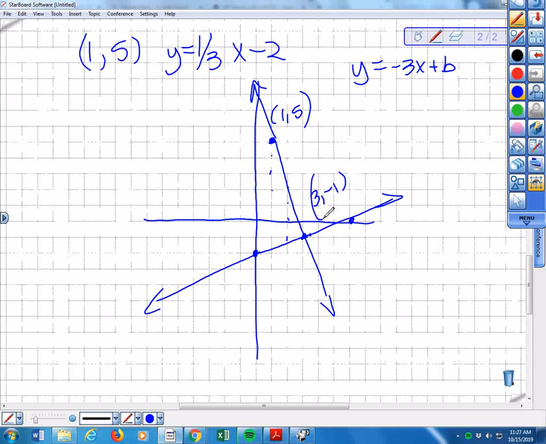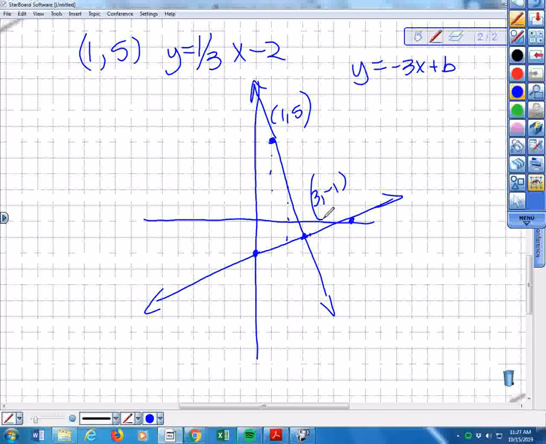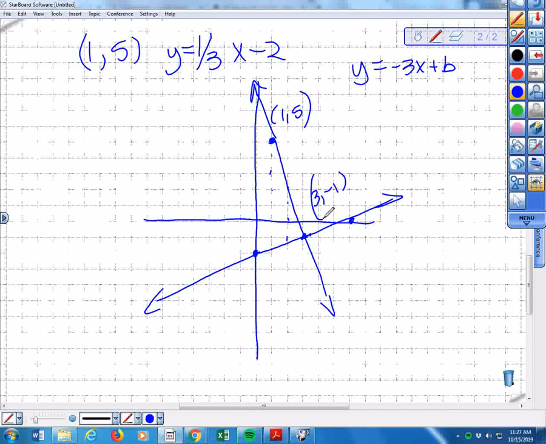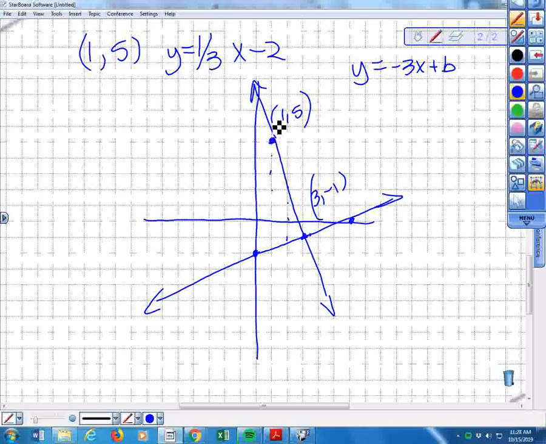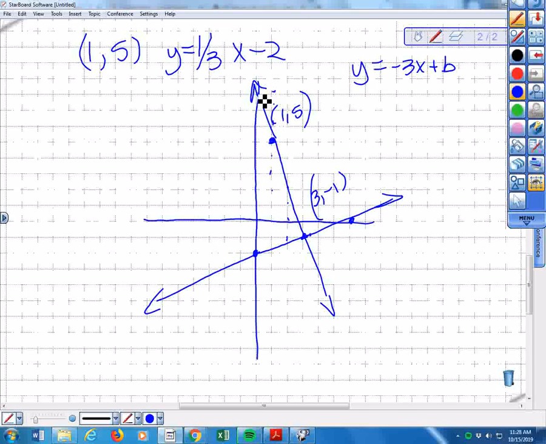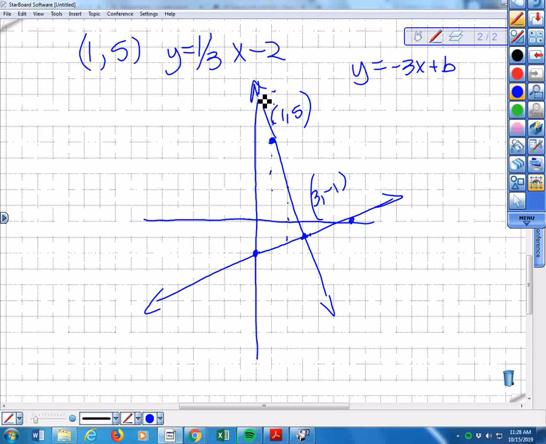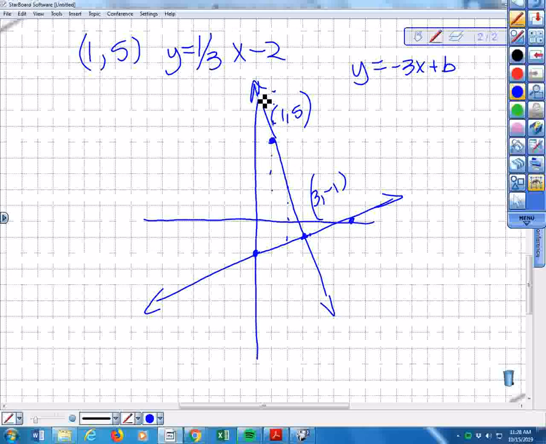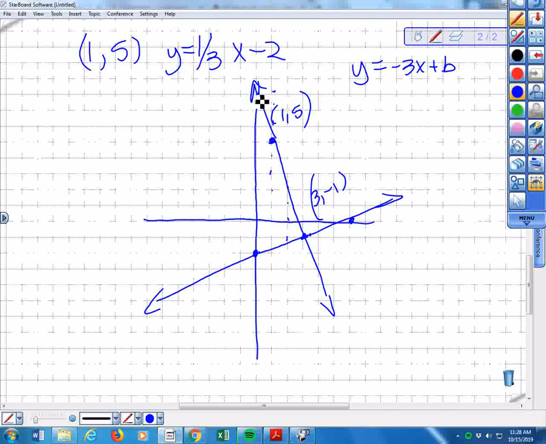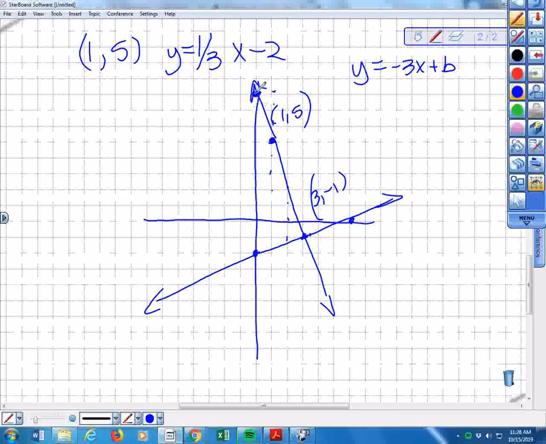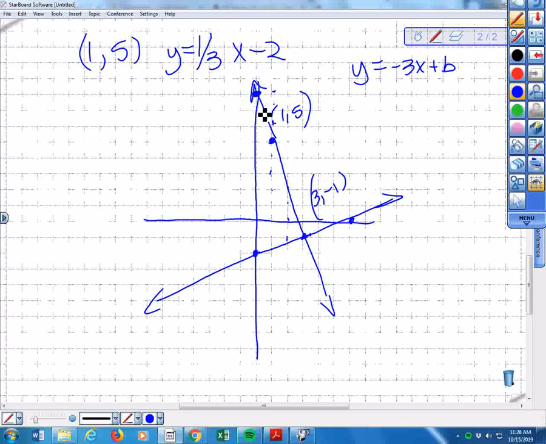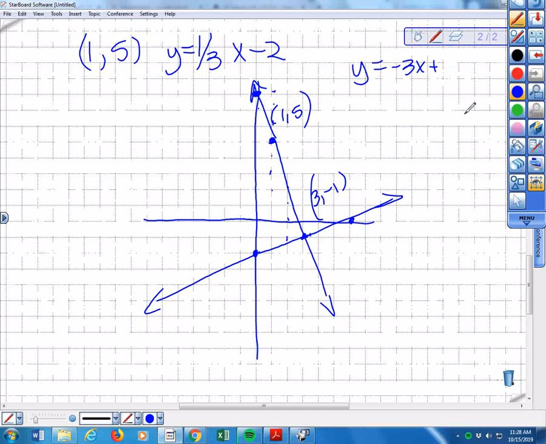Or, to do it a little easier, if it works, I'm showing you the easy way, if it works, I'm going to use the slope up 3 to the right, left 1, right? That's the same as -3. If I go up 3 and then left 1, or down 3 and right 1, I still get -3, right? When I do that, I can see this point is 1, 2, 3, 4, 5, 6, 7, 8. Well, that's my y-intercept.